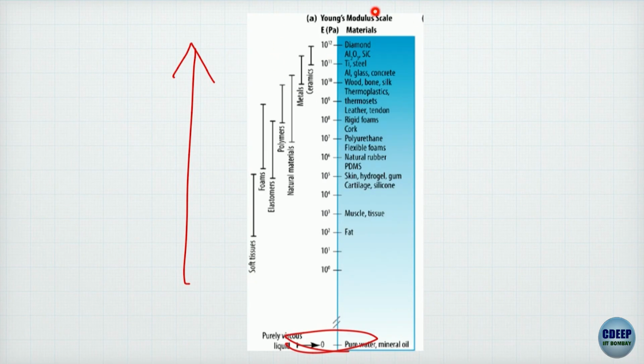The highest ones here are diamond, which is about 10 to the power 12 Pascal. This is a logarithmic scale, right, every point is a factor of 10 here.